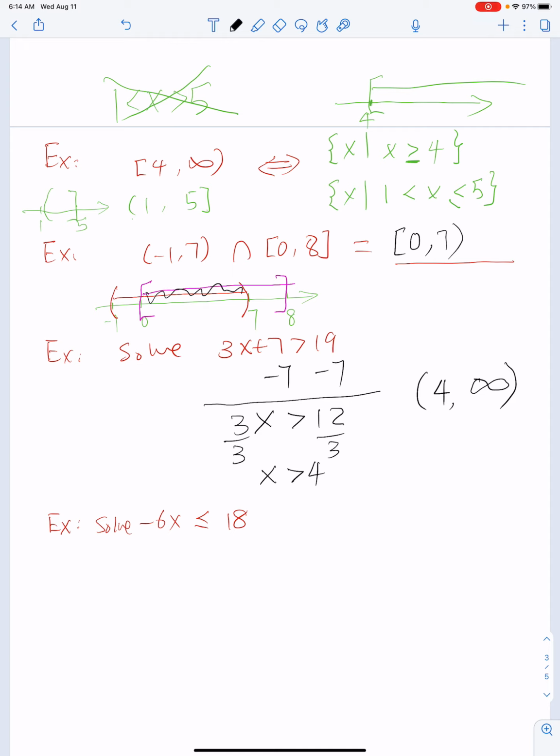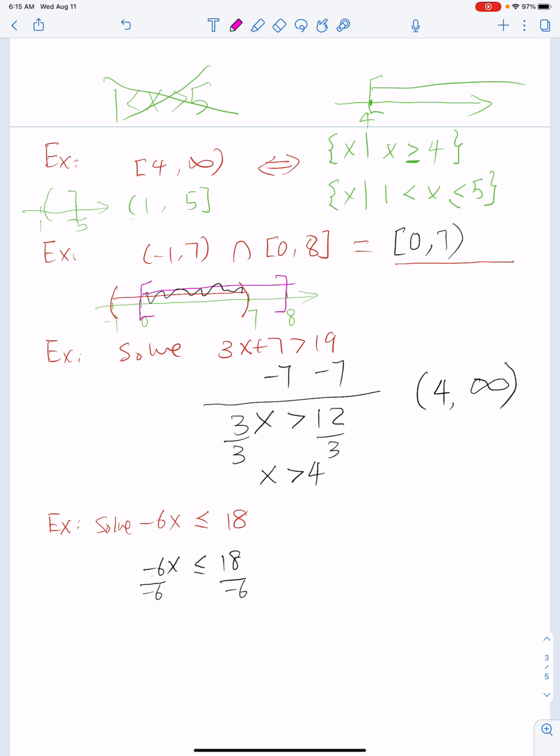Okay, so the next one is -6x less than or equal to what? 18. How could we solve this? You want to get rid of the -6, yeah? This is multiplication. What do you need to do? Divide. But one thing you need to be careful. What do you need to be careful?